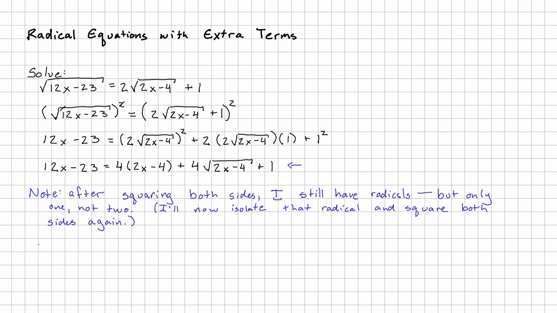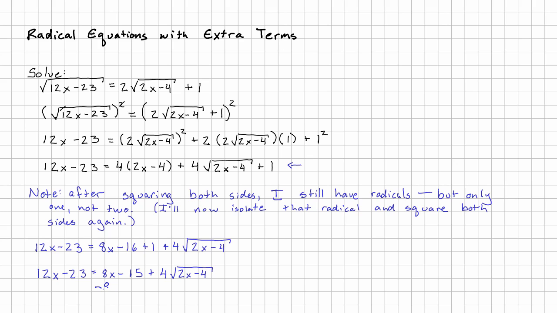So we have 12x minus 23 equals 8x minus 16 plus 1 plus 4 root 2x minus 4. Right, I just put the non-radical terms together at the beginning. 12x minus 23 is 8x minus 15 plus 4 root 2x minus 4.